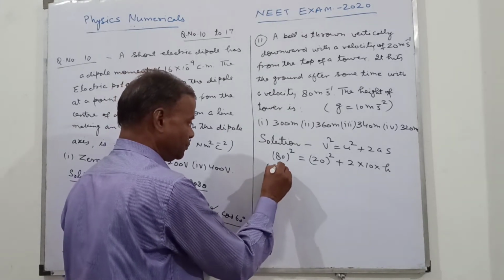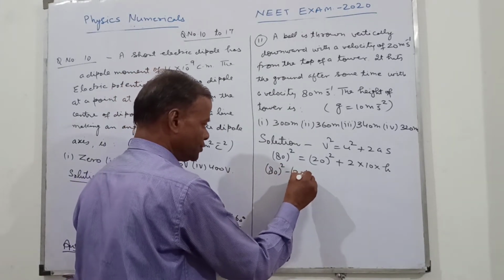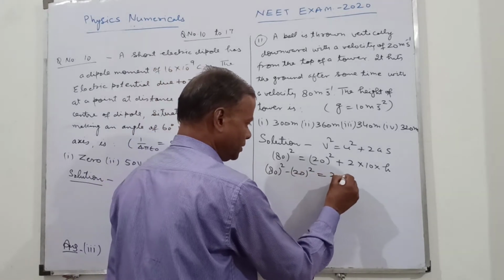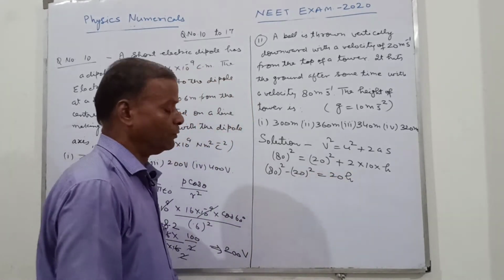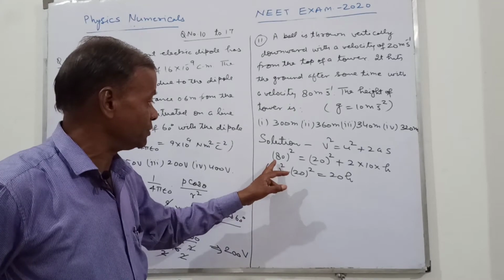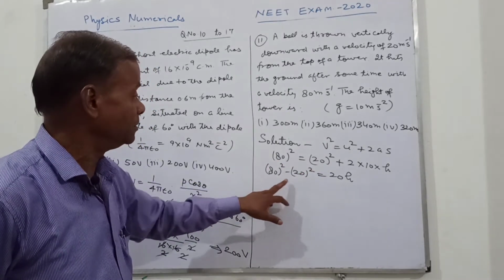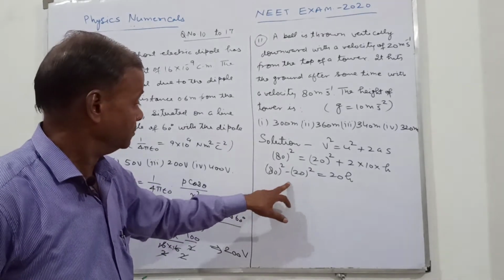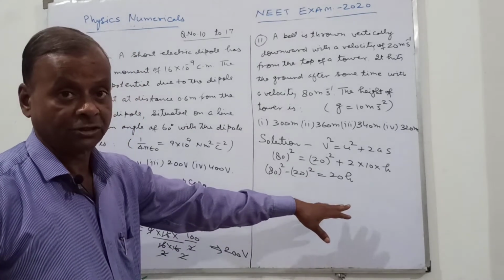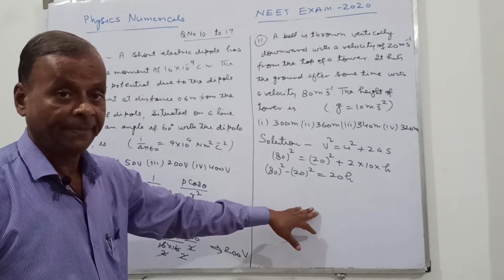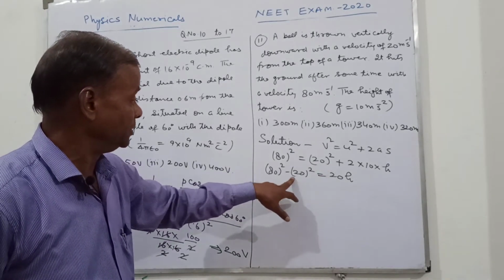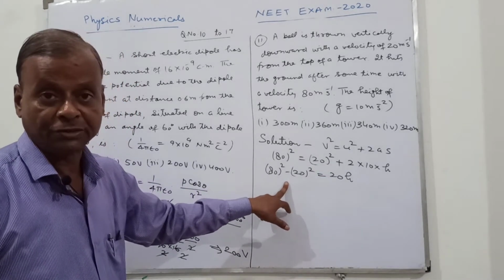So this is 80 square minus 20 square equal to 20 h. The problem is that students first square this one, then square this one, and then subtract and find the answer. So this becomes tedious. Instead, just use the factorization.